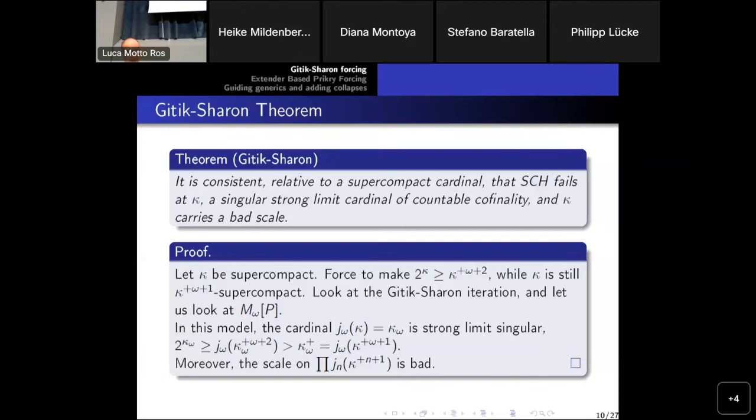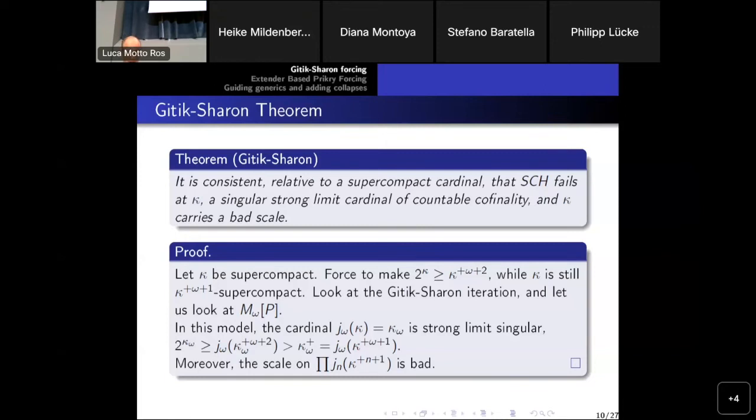And it is a singular strong limit cardinal. And the power set of it is strictly larger than the image of kappa plus omega plus 2, as the second omega is redundant. And so we have a failure of SCH at this cardinal.